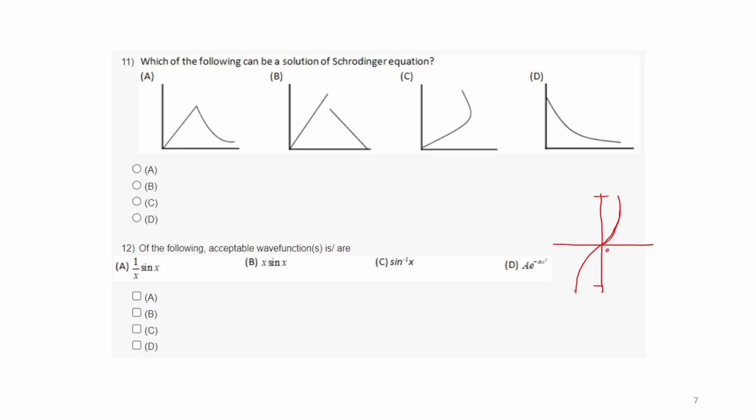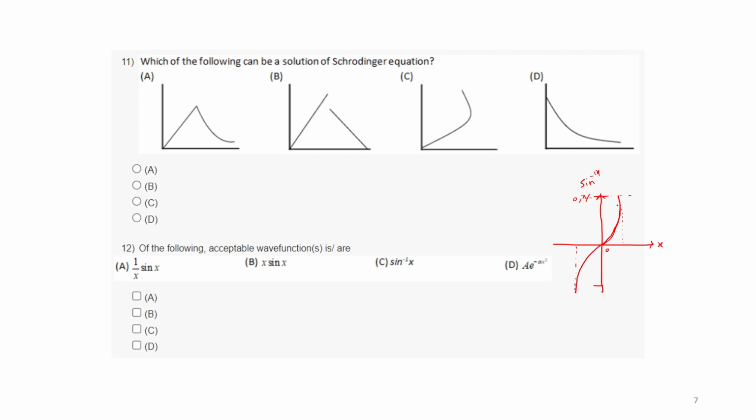So here, suppose the y-axis is sine inverse x, and this is x. So actually at this value, I think this is 0, pi by... sorry, I'm making a mistake.